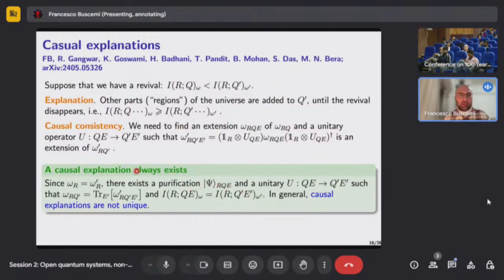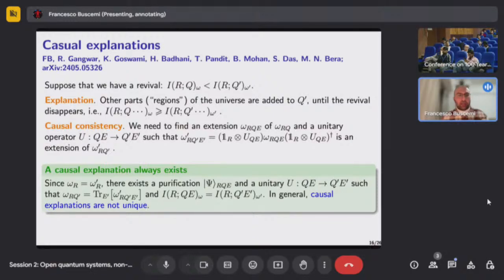The thing to notice is that a causal explanation exists, but it's not unique. Okay, you can have many different explanations. So you can say that there is a process that you observe that is your system, and then the explanation that you give is at the level of some epistemic explanation. So it might not be the actual mechanism that causes what you see, but it is an explanation. Okay?